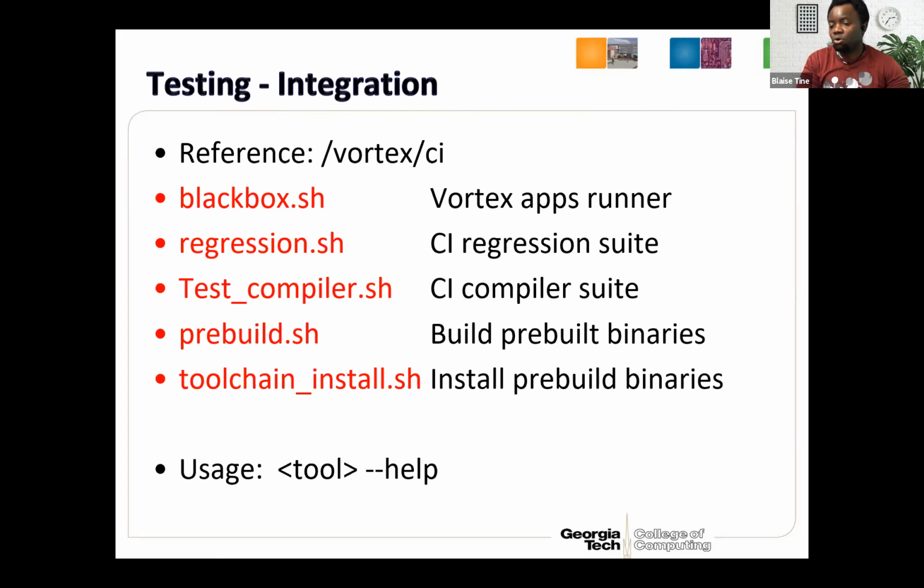This will install all the dependencies on your machine by taking them from our own server. It supports Ubuntu 14 and also CentOS 7. And you can pass the command line option --help to all of those components if you want to get some idea of what the command line options are.